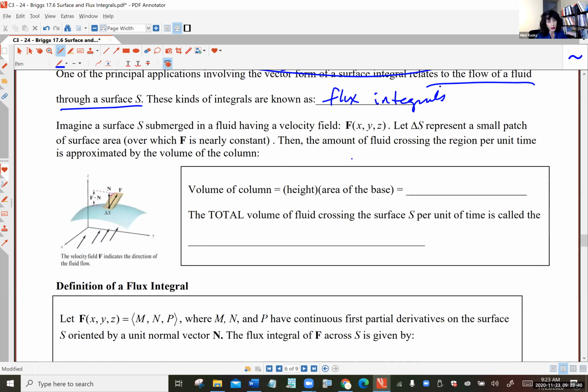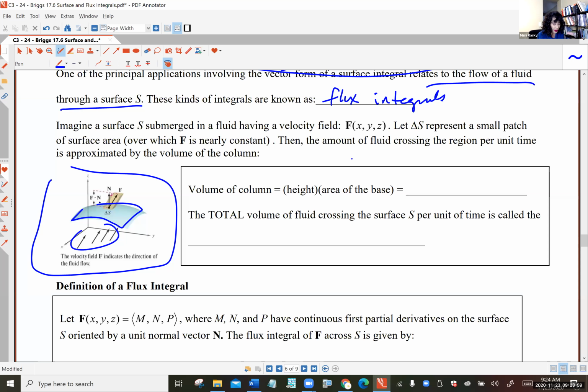So first, let's do sort of the penumbra of a derivation. Check out this diagram here. If you can think of a vector field, in this case, let's say the vector field is just like a velocity field for some water, you know, like whooshing. So these vectors here are water that's whooshing. And here's your surface.